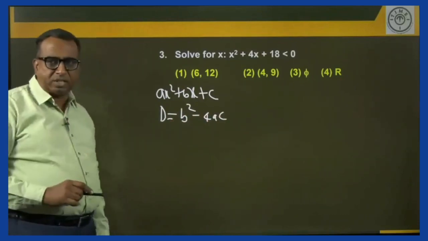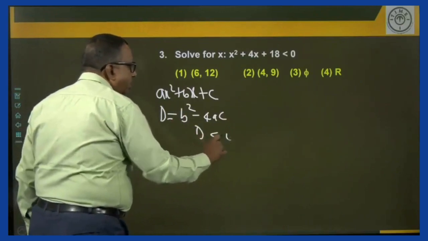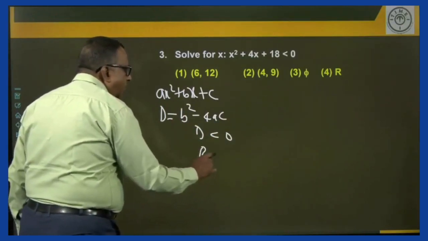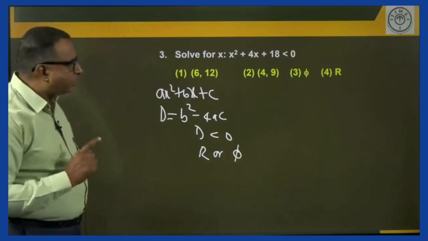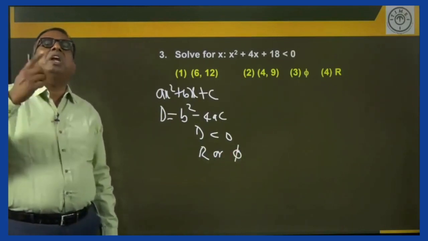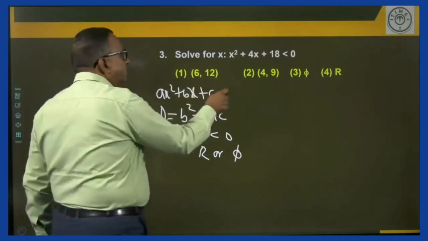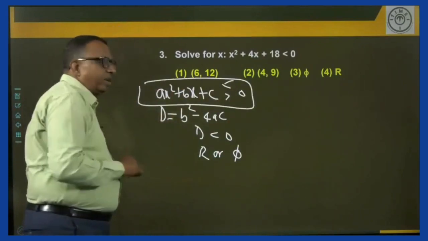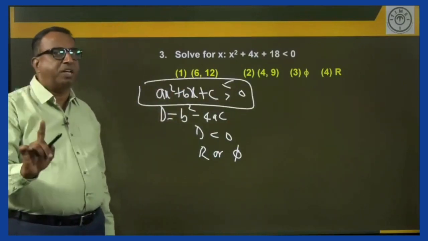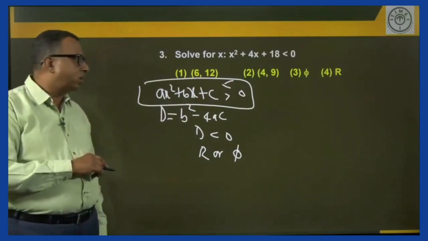We call this the discriminant. If discriminant is less than 0, what happens is, either all numbers will be solutions or empty set will be the solution. Every number will work or no number will work for the inequality. Whenever you are given a quadratic inequality, this is the shortcut. The inequality can be less than 0 or greater than 0.